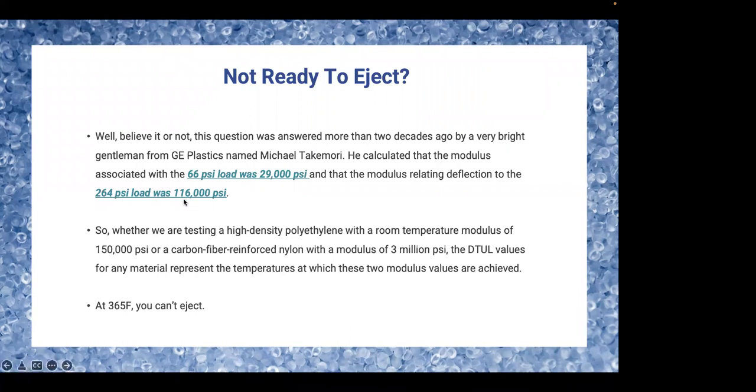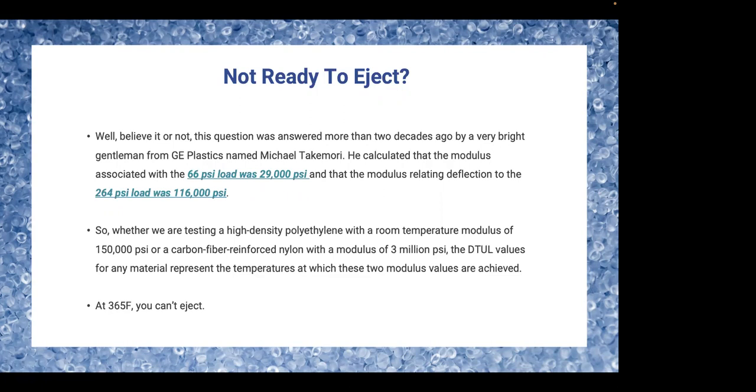So this is the modulus of a very soft copolymer polypropylene. Basically, you could take something that has a modulus of 1,000,000 PSI and, at 264, heat it up until it feels like a very soft polypropylene. Well, that doesn't give me very much rigidity, doesn't give me very much stiffness.